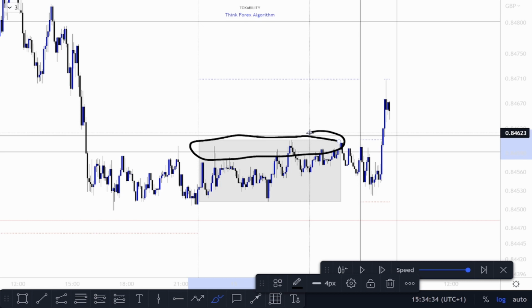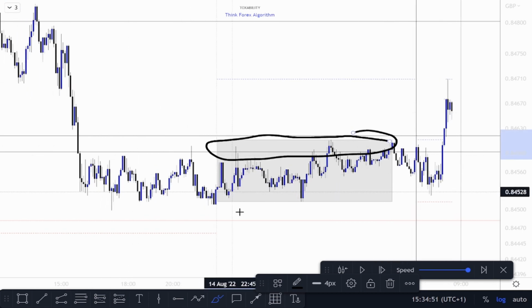Anybody who has placed stop losses or buy stops around those levels, everybody has been taken out. So now that the market has grabbed liquidity from that level, it's prepared to either continue or take the price in the other direction.